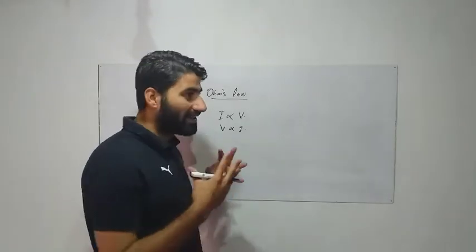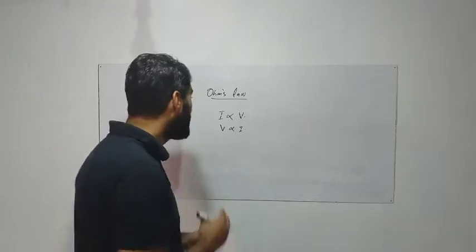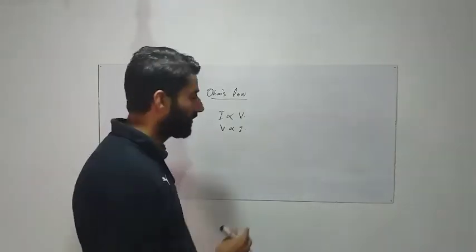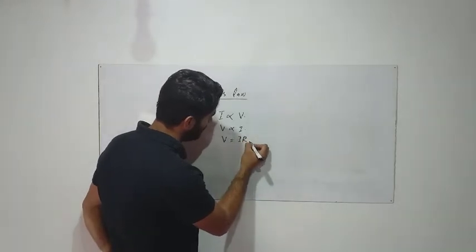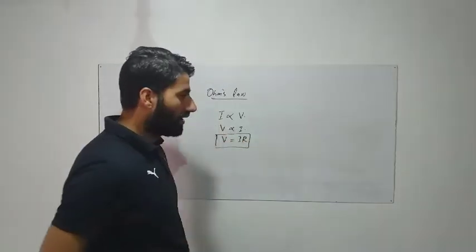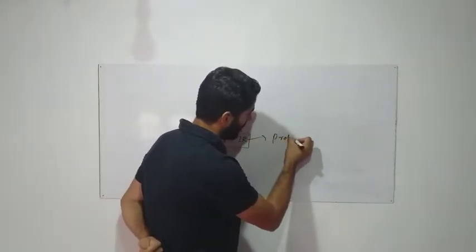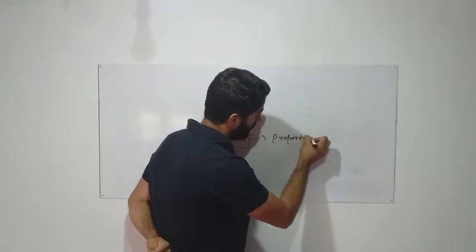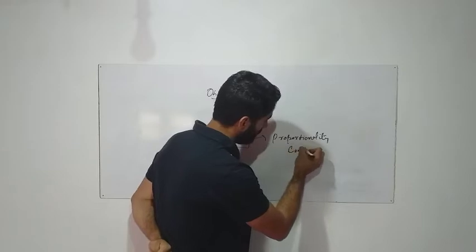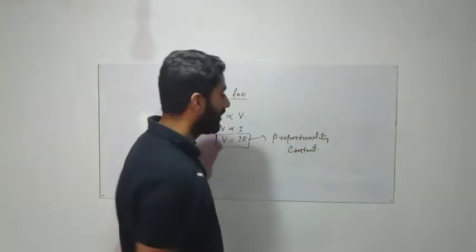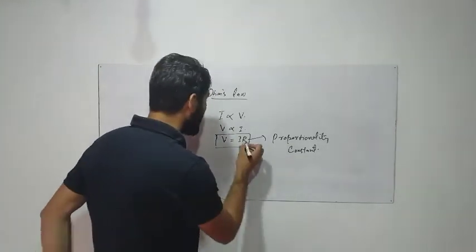So in order to write this proportionality in the equation form, we must put some proportionality constant here, and we can write V is equal to IR, and this R here is our proportionality constant. And this proportionality constant is known as the resistance.